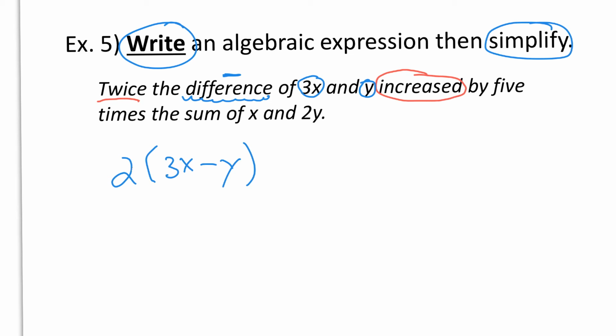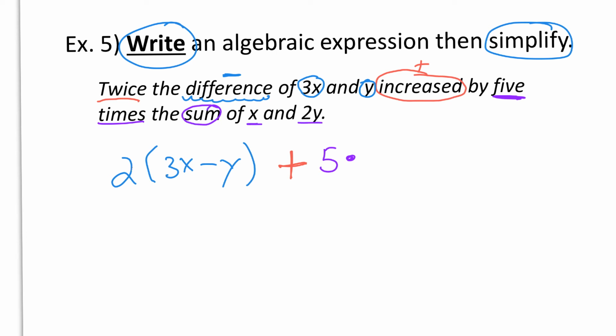Increase. So increase, we know that's plus. So let me put the plus right here. We're increasing what? What are we adding? We are adding increase by 5 times. So 5 times. 5 times what? The sum of x and 2y.